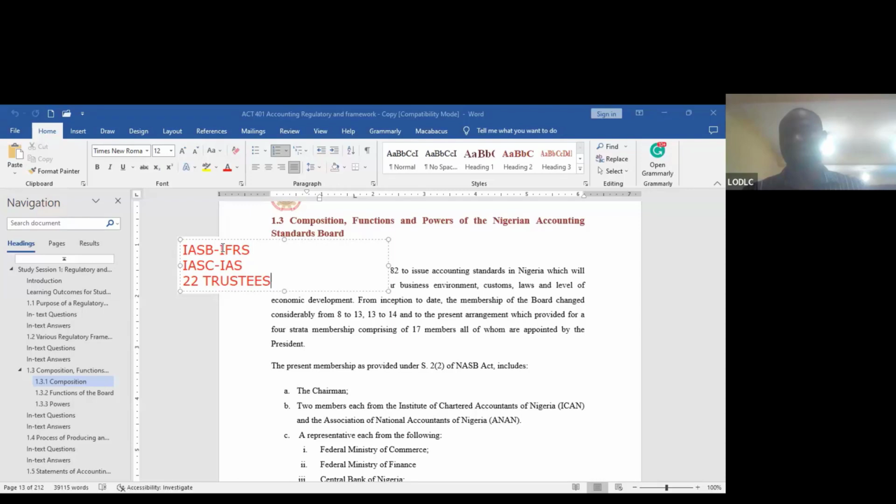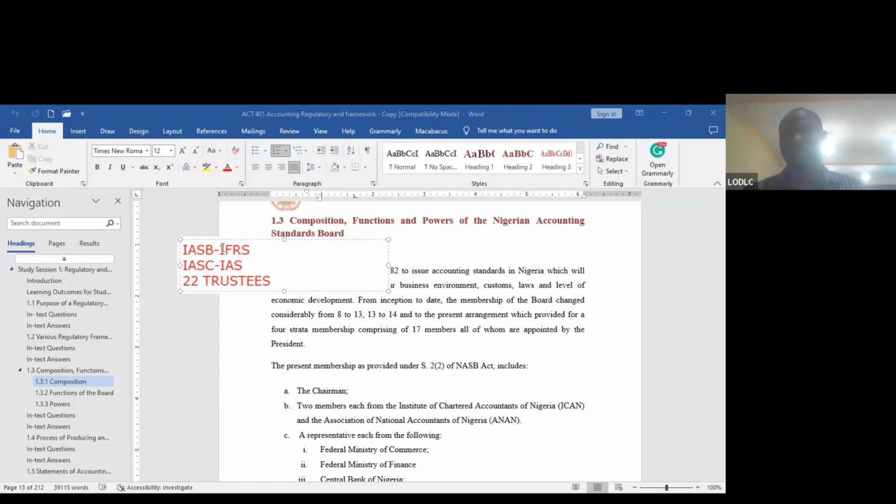The IAS of it has been repealed by IFRS 10. So IFRS 10 is now in operation. Do you understand? So we cannot accept IFRS 10 unless it has been interpreted by what? By IFRS Interpretation Committee. And they have clarified the issues therein. Do you understand? So that's the main function of what?